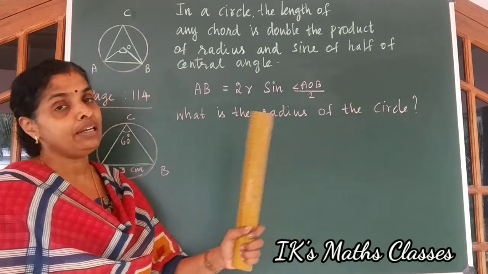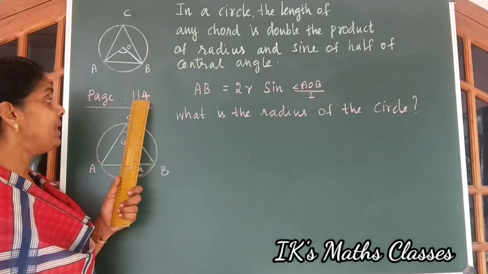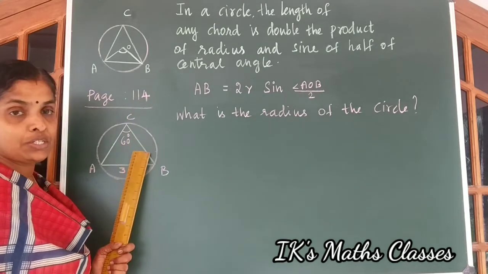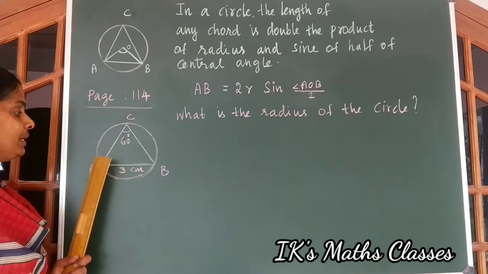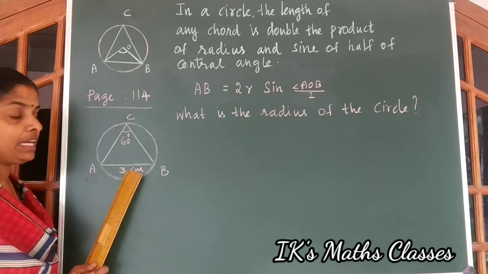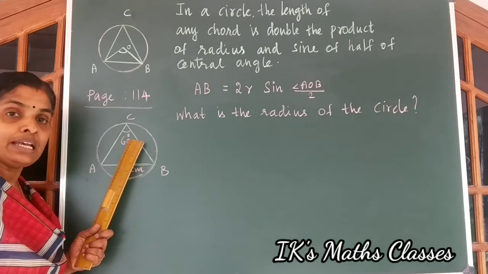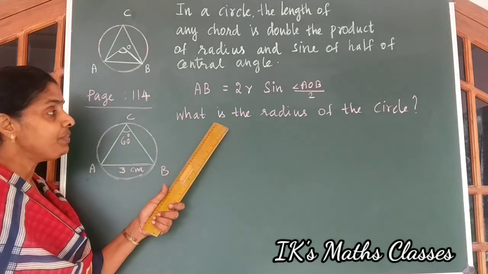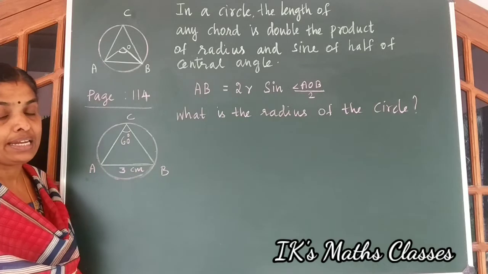Look at the question. The question is on page number 114. First question. You are given a triangle. The length of the chord is given as 3 cm and the angle is 60 degrees. Now the question is to find the radius.